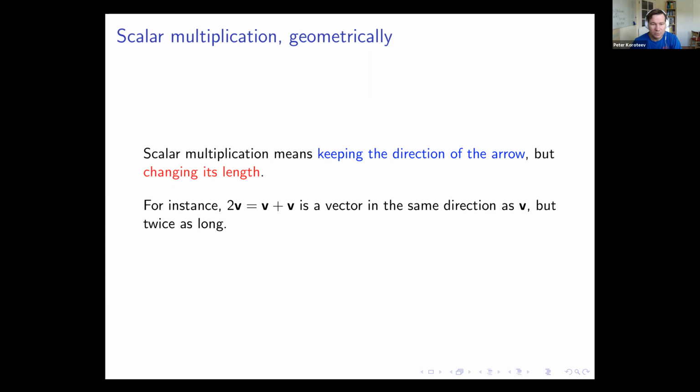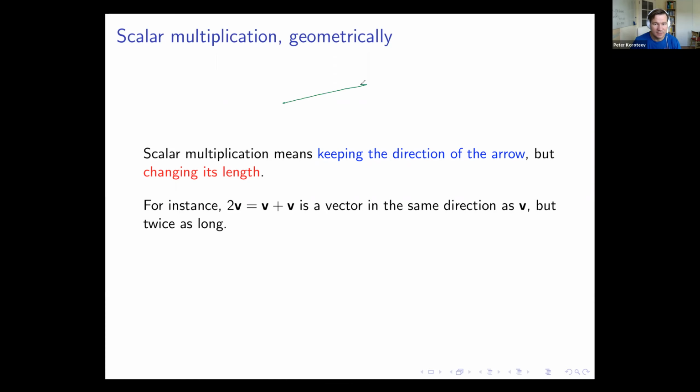Or 1.8v, or let's say 5v, is a vector that goes in the same direction. So the positive numbers scale the vector and keep the direction, but the negative numbers flip the direction.